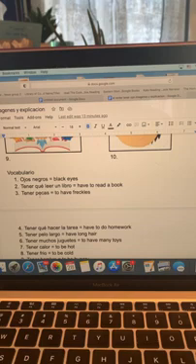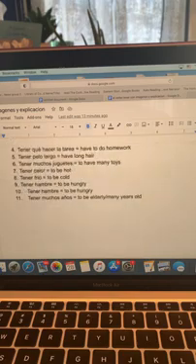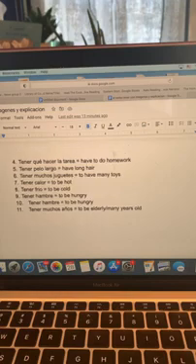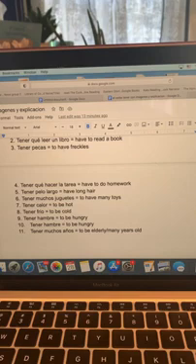Tener pecas. That means to have freckles. Tener que hacer la tarea. This indicates obligation. Have to do homework. The previous one, tener pecas, is a characteristic on a person. Okay?